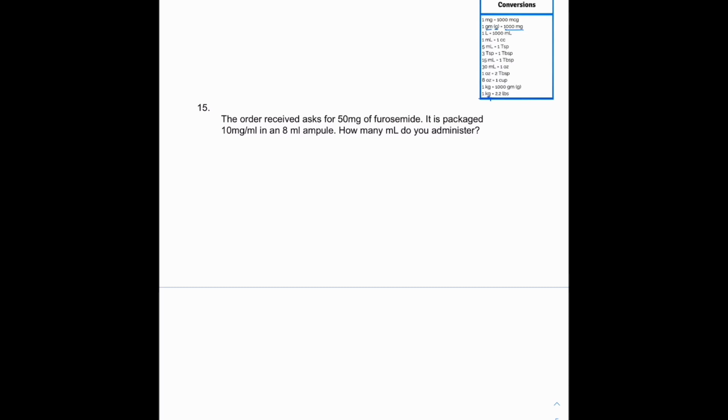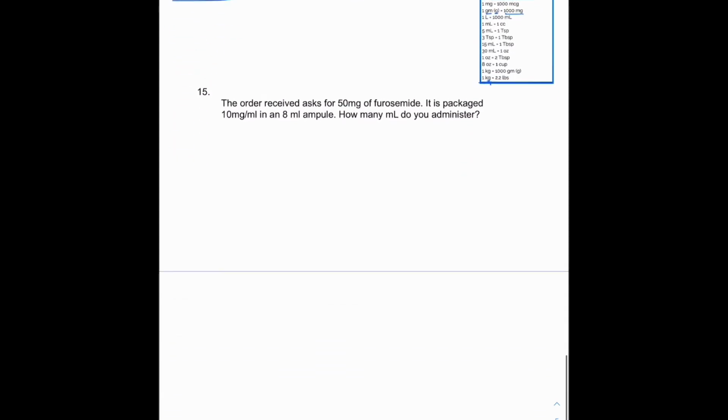Same thing as we did before. What is the question asking? It wants to know how many mils am I going to administer. So we're going to start with the mils up top. If we look at our problem, we see that it's packaged 0.5 milligrams per mil. Okay, so that means I'm going to put 1 mil over 0.5 milligrams.